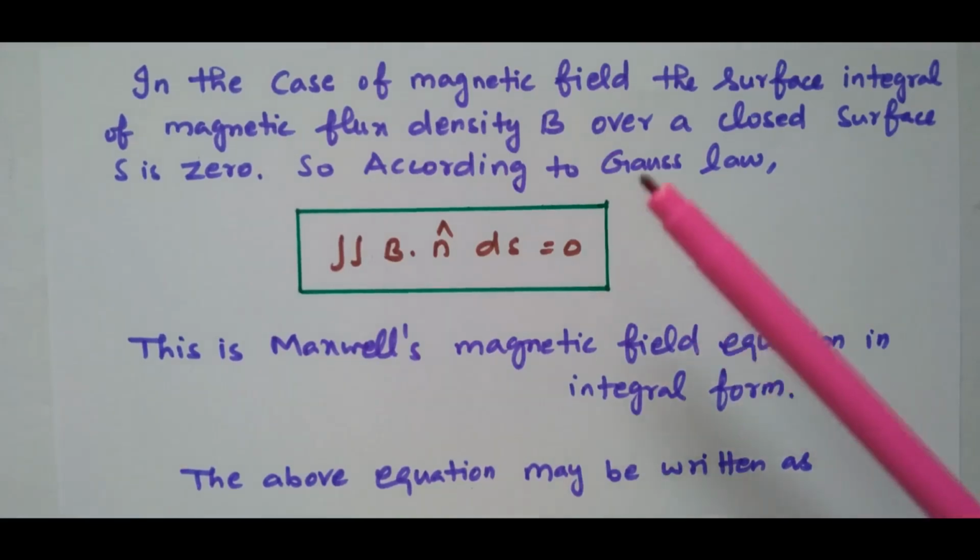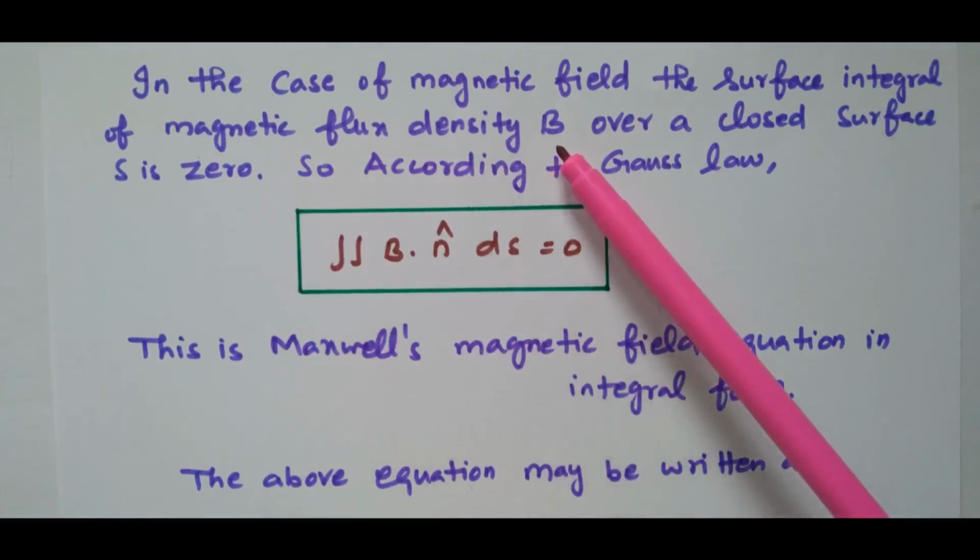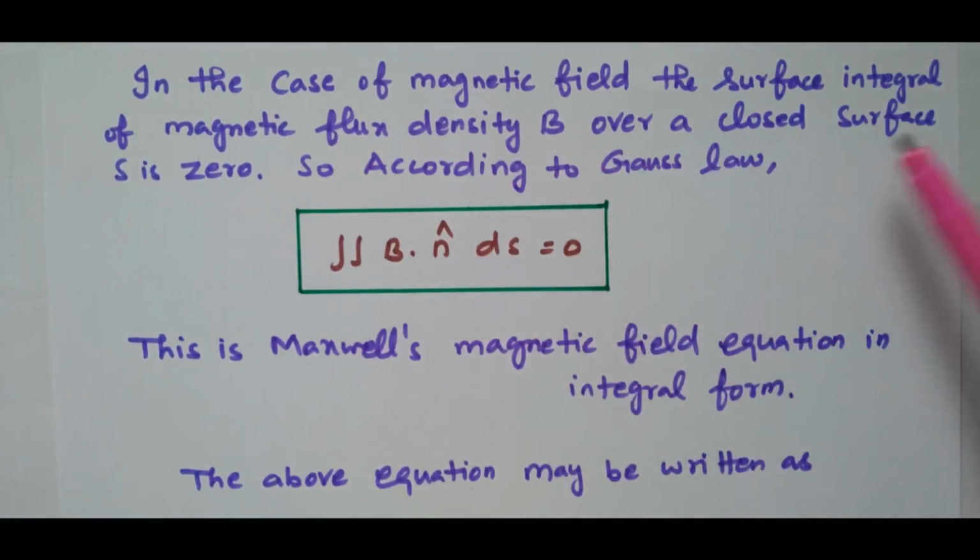In the case of the magnetic field, the surface integral of magnetic flux density B over a closed surface S is 0. That is double integral B dot n cap dS equals 0. That is given by the Gauss law for a magnetic field.